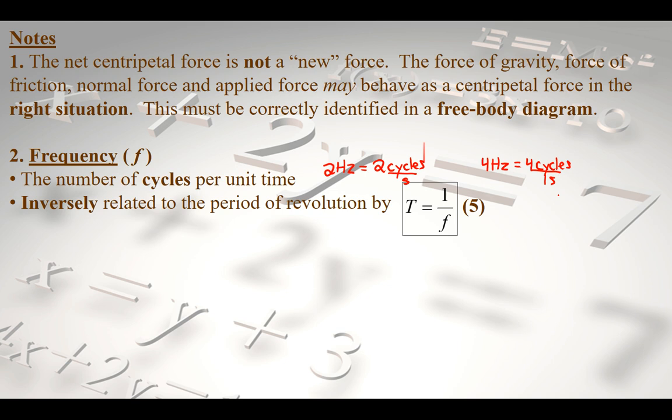Well, if you have to cover more cycles in a second, it means the time to complete a cycle, which is the period, is going to be lower. So that's where you get the inverse relationship. If you make the frequency bigger, as in more cycles per second, then the period would have to be a smaller number for one individual cycle.